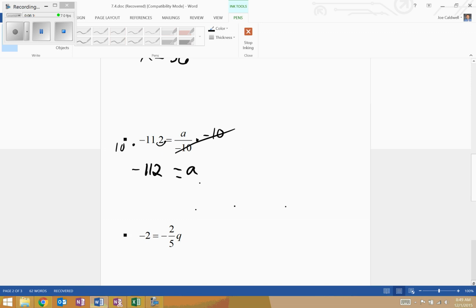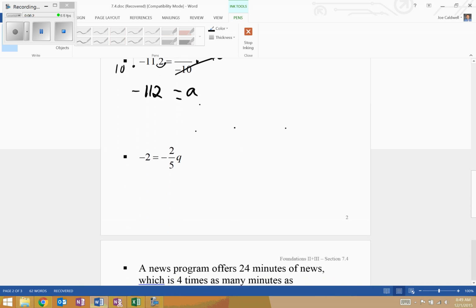All right, over here, same thing, now we have that fraction. So remember, you always want to ask what's happening to the variable. So the variable is being multiplied by negative 2/5, so we need to divide by negative 2/5, but dividing by negative 2/5 is really multiplying by the reciprocal.